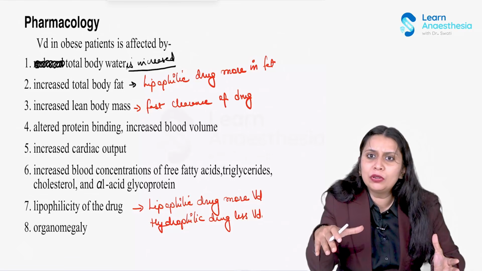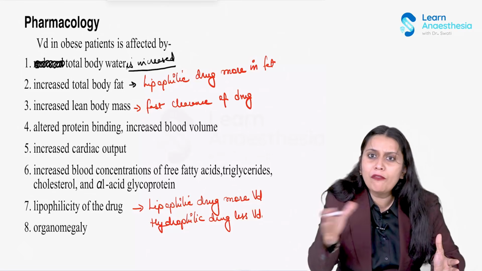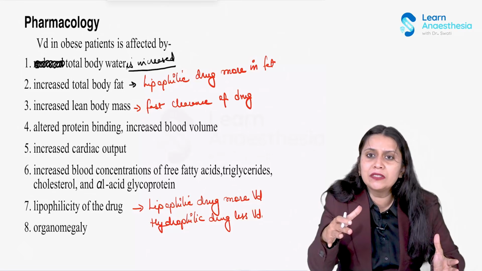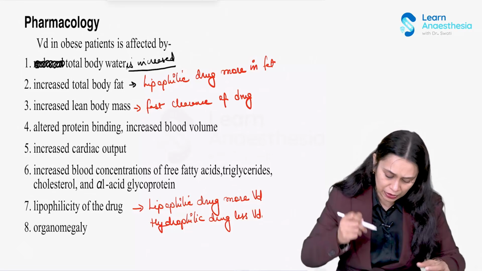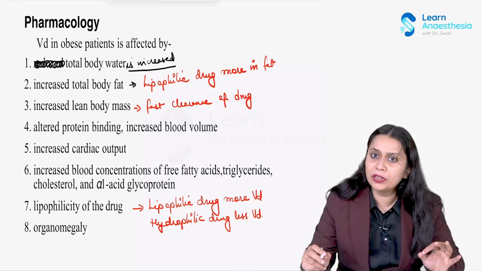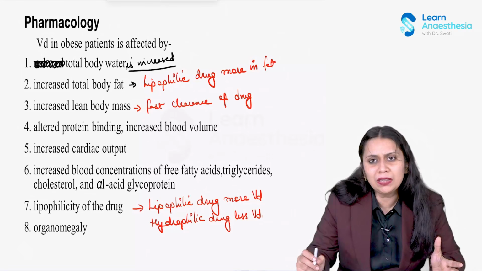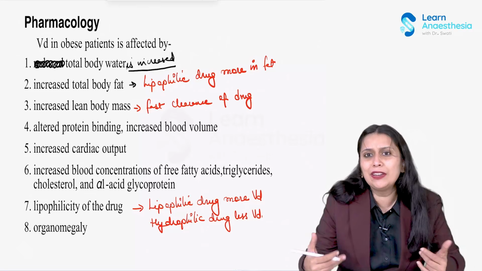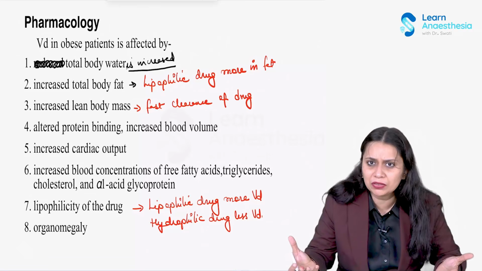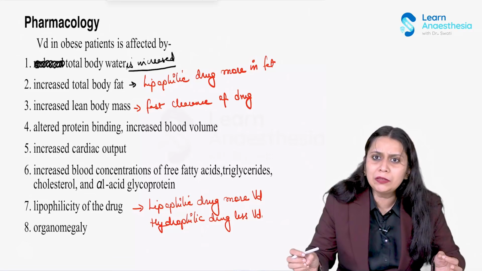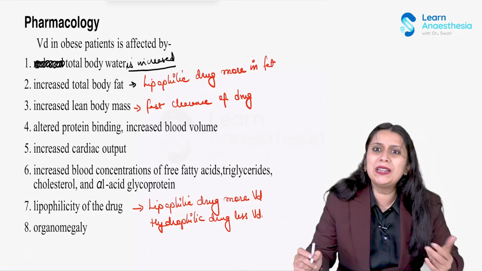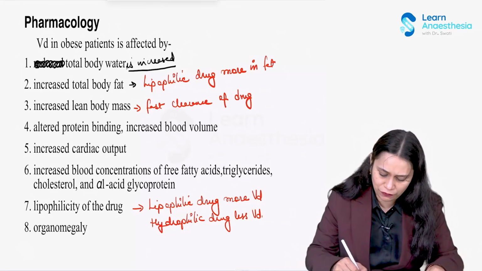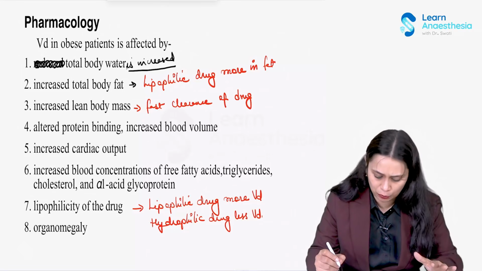When they are stored in the fat, the offset from these drugs, the context-sensitive half-life, increases, so recovery would be delayed. Then there is an increase in lean body mass. Their fat mass increases and their lean body mass also increases. Because of the increase in lean body mass, the metabolism of drugs increases a little bit, so faster clearance of drug is seen compared to the normal population.